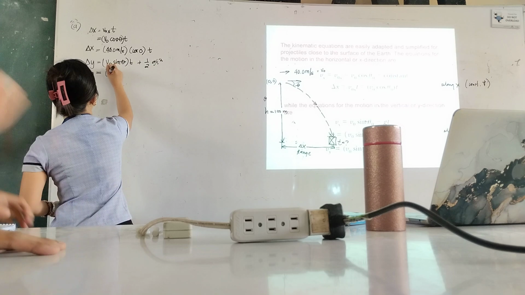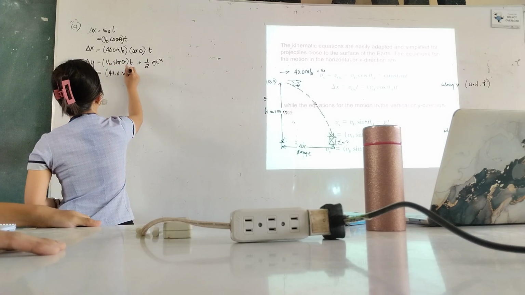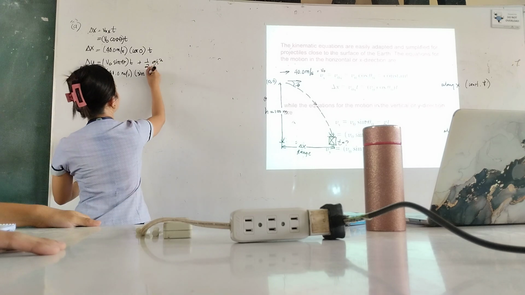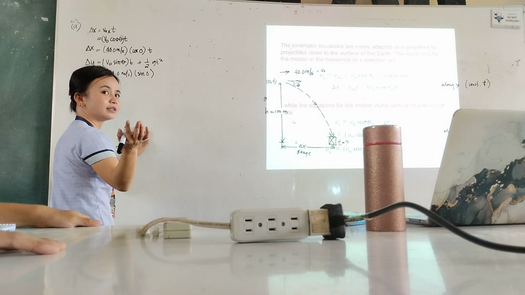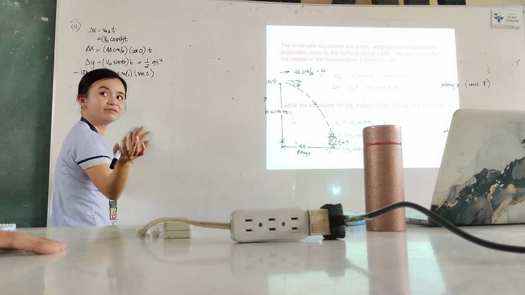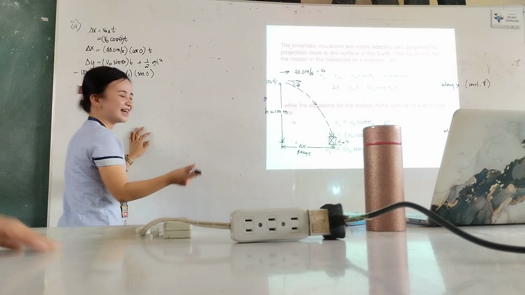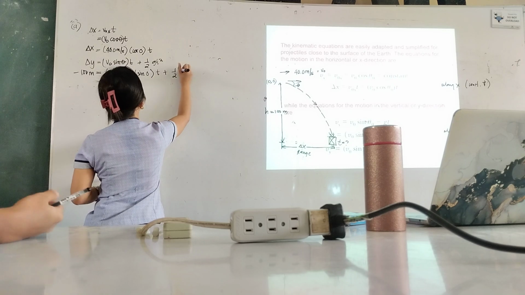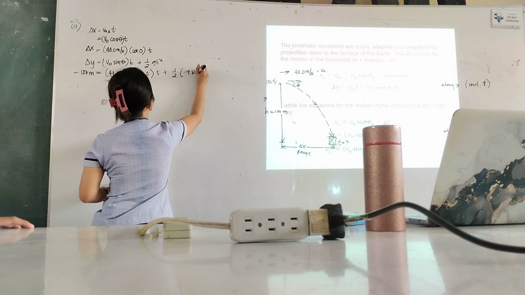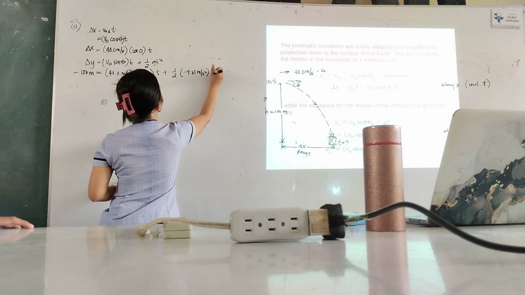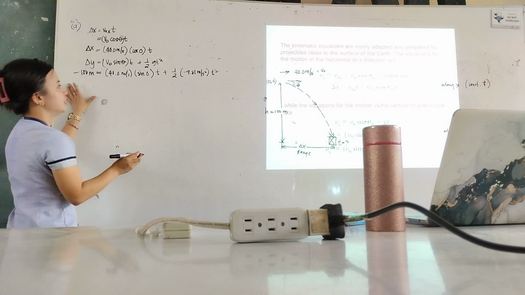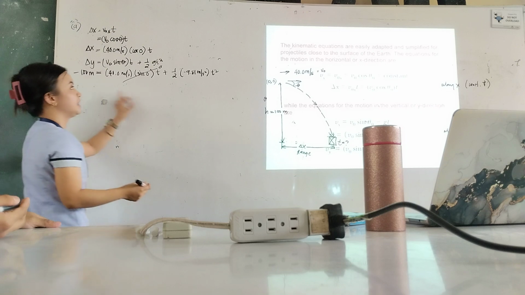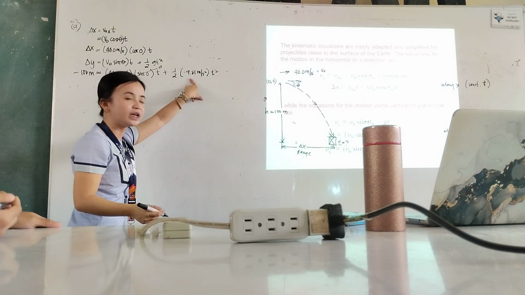V0 is 40, and sin 0 is 0, so that term cancels out, automatically 0. You're left with negative 100 equals 1/2 negative g t squared.